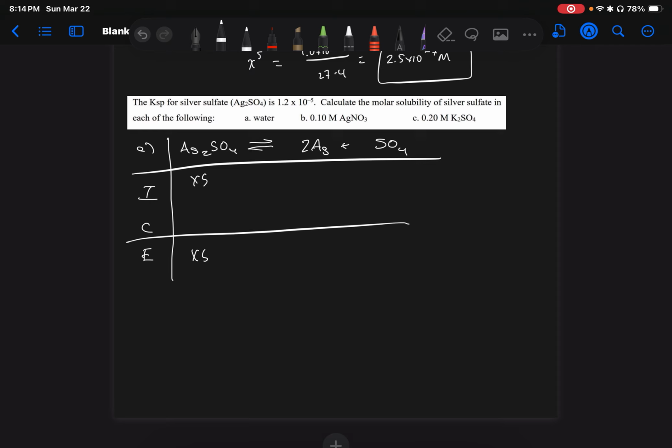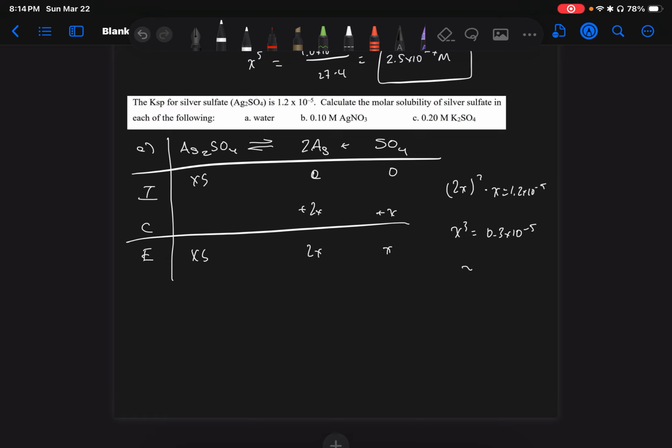So we're going to start with water conditions. So it's going to be 0, 0, plus 2x, plus x, 2x, x. So this is going to be 2x squared times x equals 1.2 times 10 to the negative 5, x cubed over 0.3.